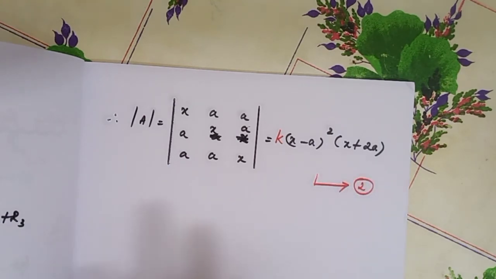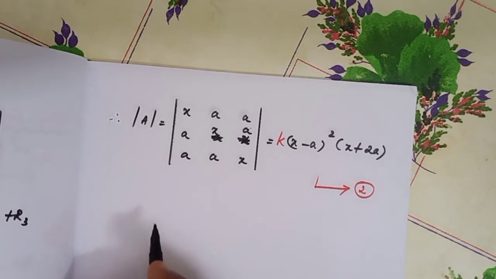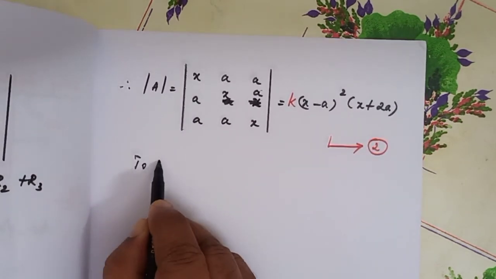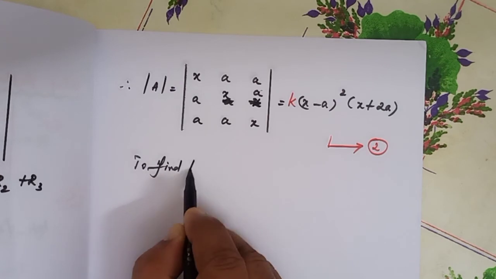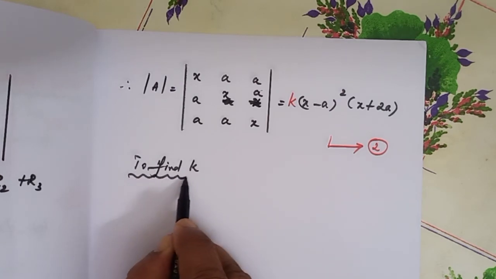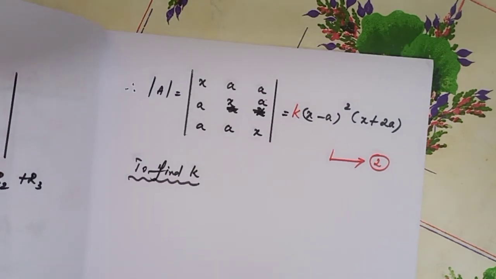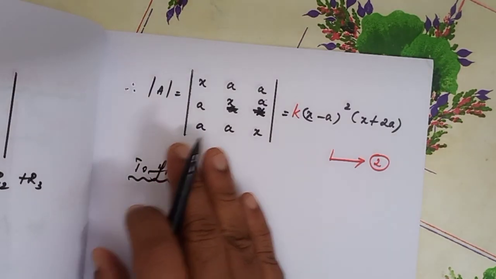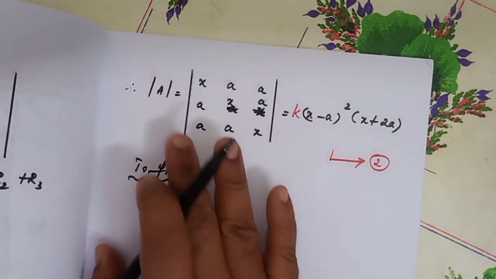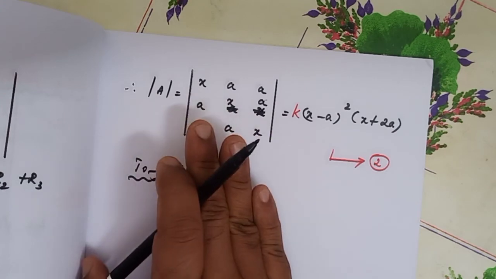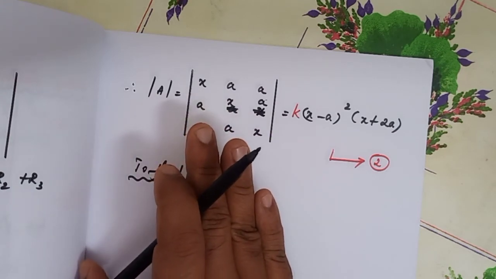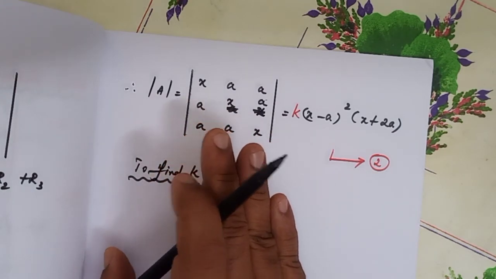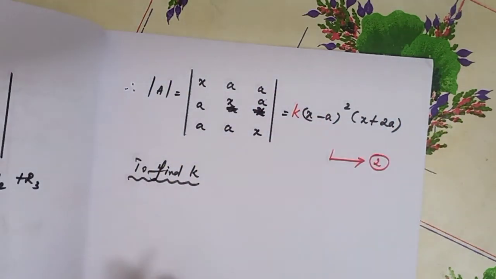How to find the value of k? To find k, listen, you can give any value for x and a, because we have two variables, x and a. Any values can be given, the condition being that none of the sides is 0.